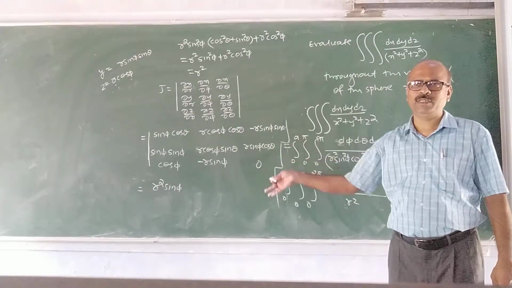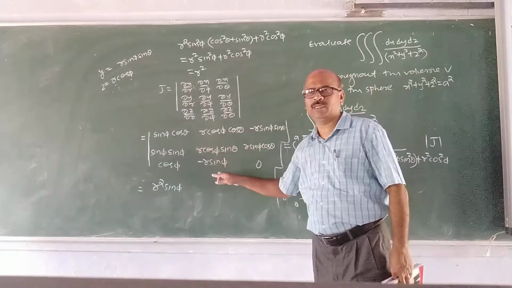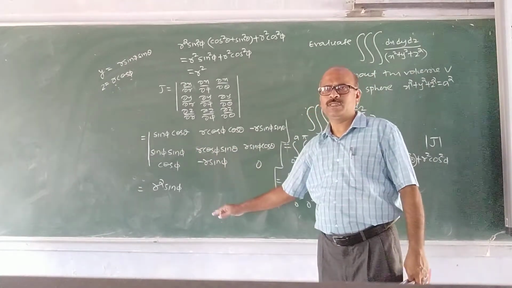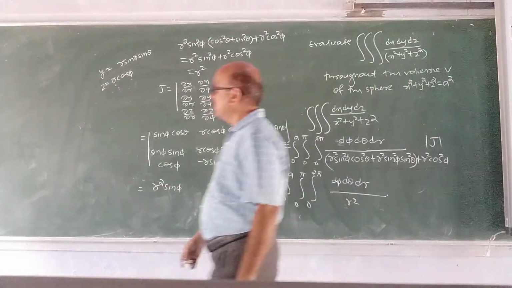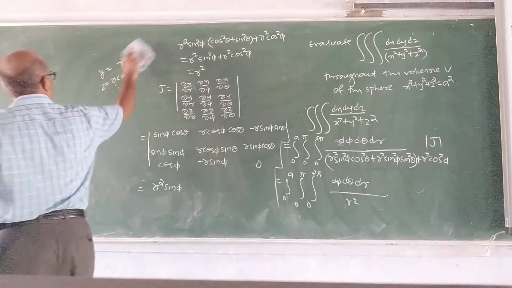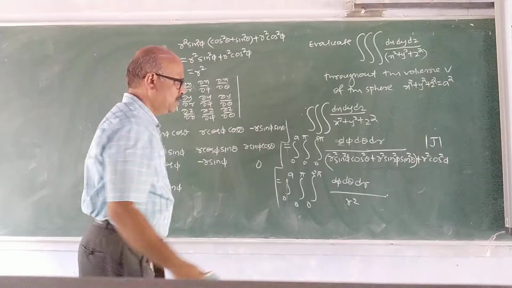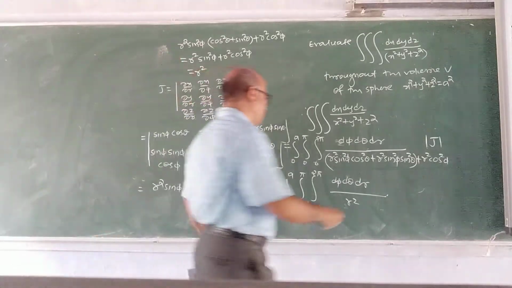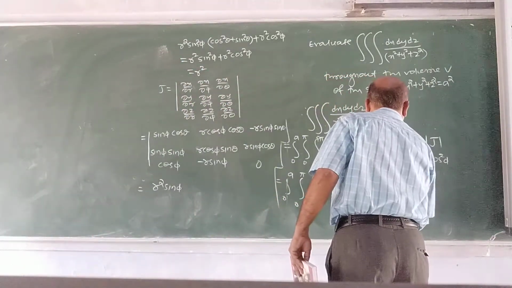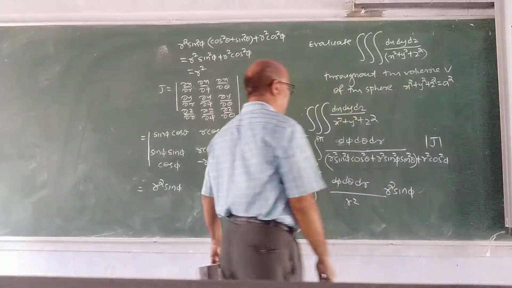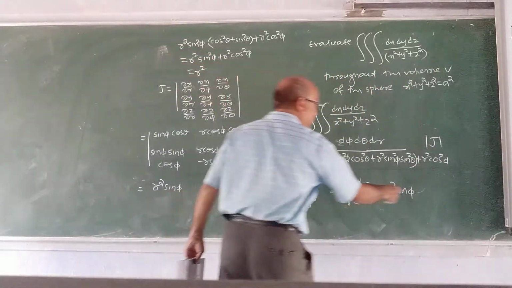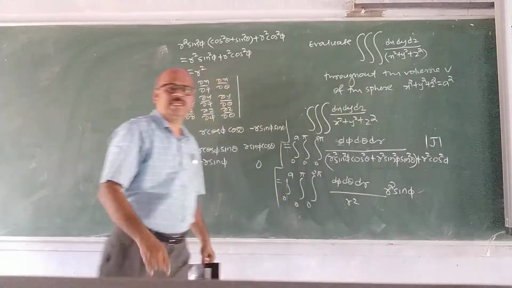I used one page to simplify this determinant. Leave one page, write the answer r square sin phi. Therefore, this is r square sin phi. Actually, d phi d theta dr should be here at the end.